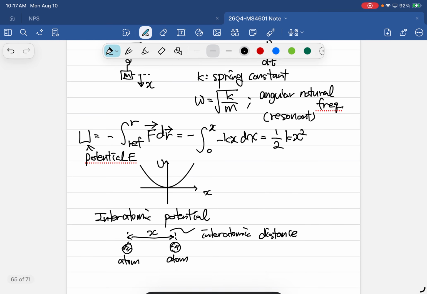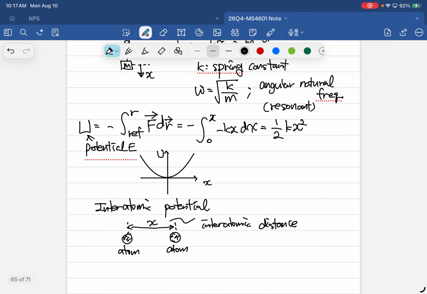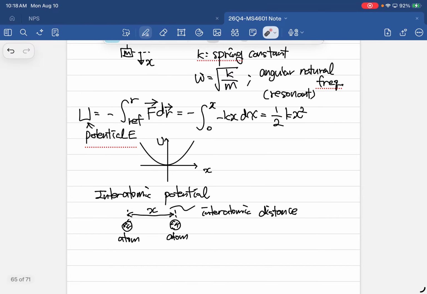And the interatomic potential can be described as a harmonic oscillator. Let us look at this more closely. Consider two atoms with a displacement of x, which is essentially the interatomic distance, and we know that these atoms exert force on each other, right?